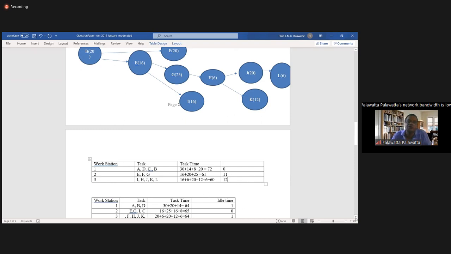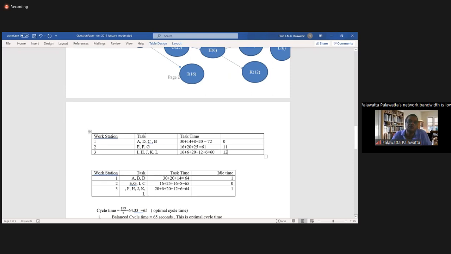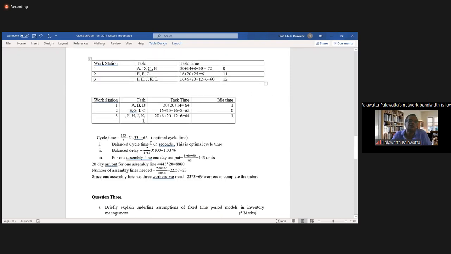So the answer is going to change. The cycle time is going to be 72 seconds. Balanced cycle time is 72 seconds. This is not optimal, so the answer is going to change. And balance delay will be 23 divided by 3 times 72 multiplied by 100. So it's going to be a different number.